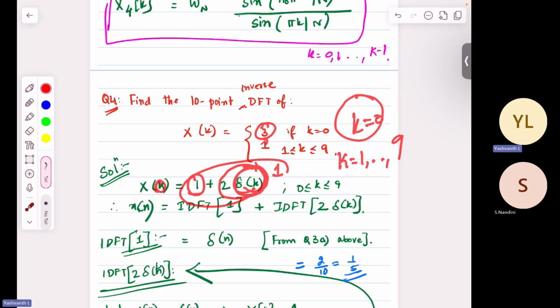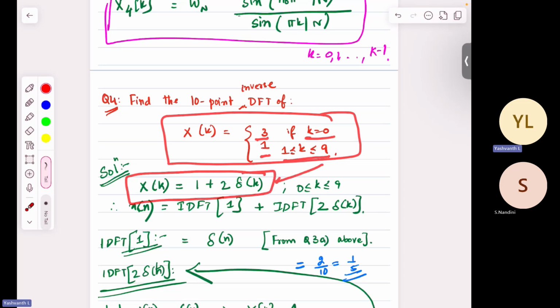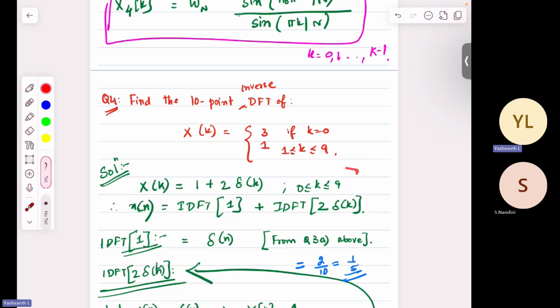So x of k is just equal to 1. Therefore, this description, that x of k takes a value 3 if k equal to 0 and it takes a value 1 when k is between 1 and 9, can be written as 1 plus 2 into delta of k. Is it clear? This is the first, very important step. Is this clear? Okay, I hope this is clear.